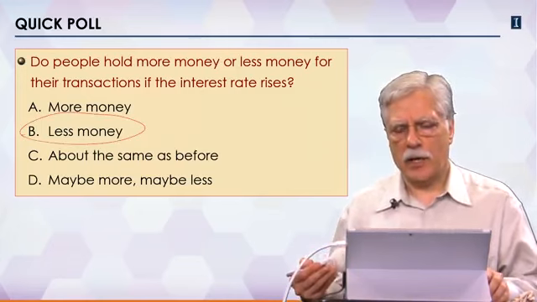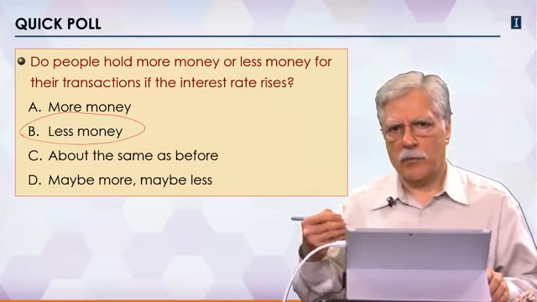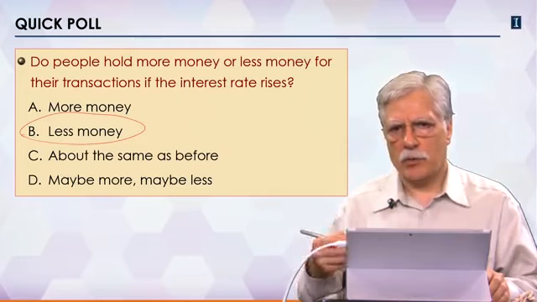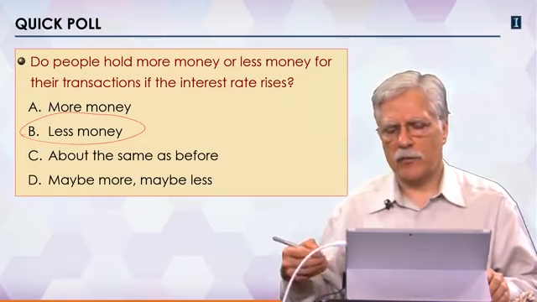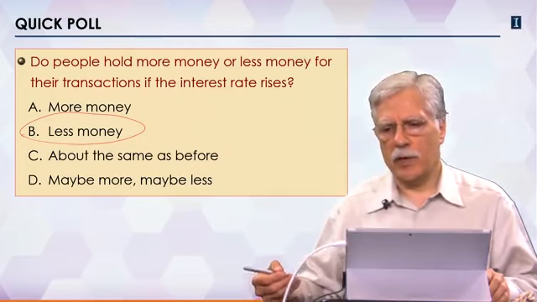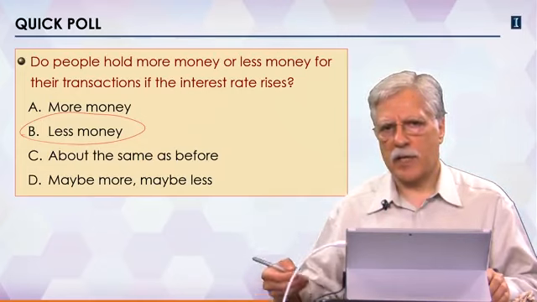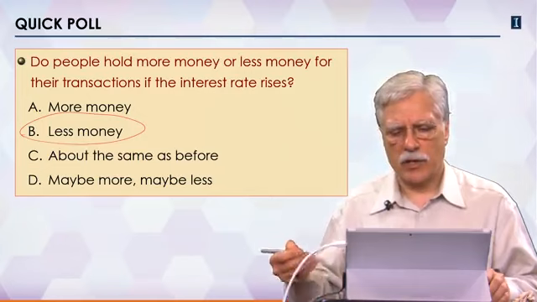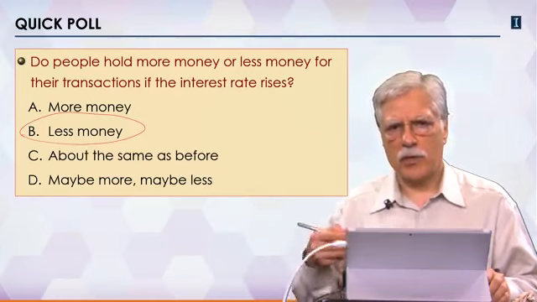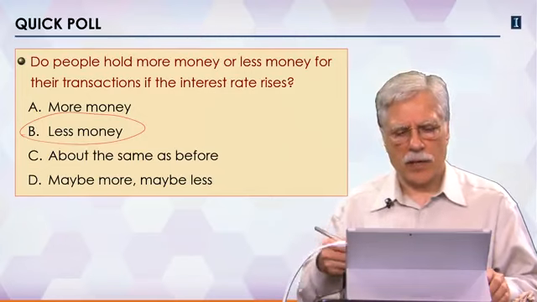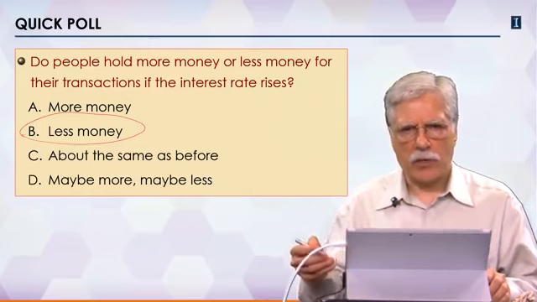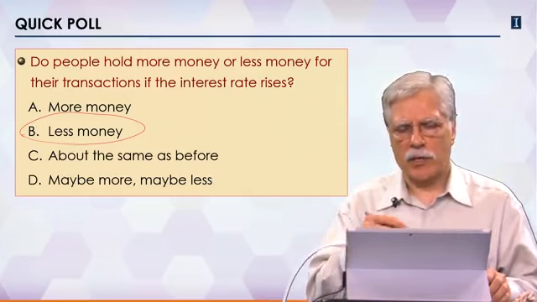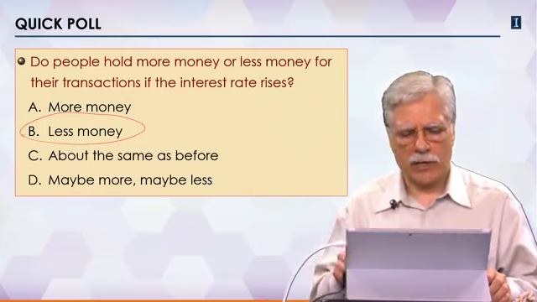Interest rate being higher means that if you keep cash, you're foregoing the value you can get for it. If you had deposited into some savings account or kept it in some more illiquid asset, higher interest rate, higher return elsewhere, the opportunity cost of holding money goes up, and therefore, if interest rate goes up, people tend to economize on the use of money and hold less money.